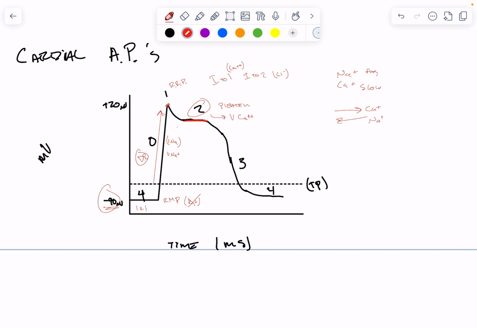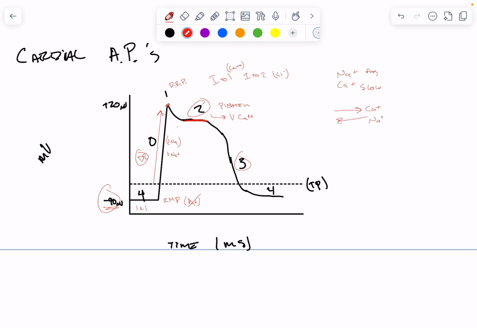And then during phase 3, we have repolarization. So during the plateau phase, more and more potassium channels open, and towards the end of the plateau phase, the potassium channel efflux becomes greater than the calcium channel influx.